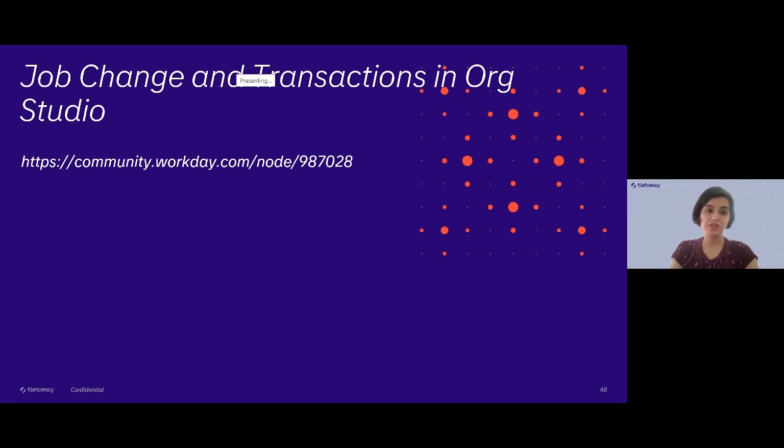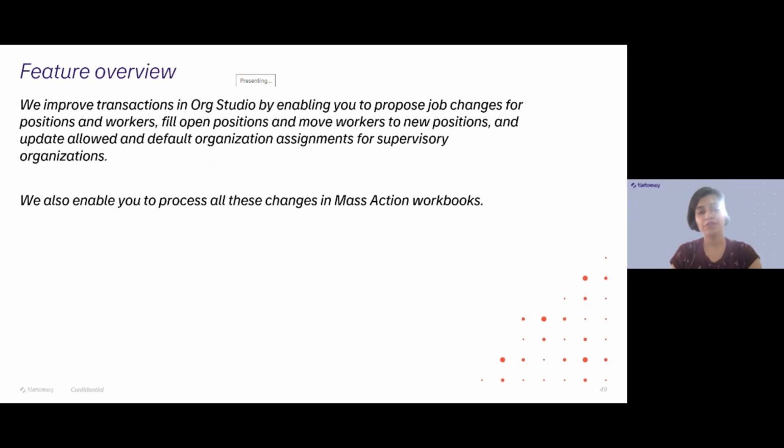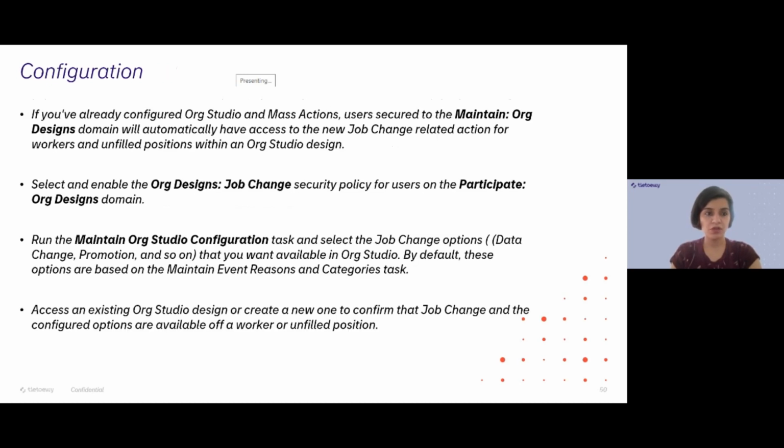Now there have been some updates in Org Studio related to job change. So the Org Studio experience has now been improved. When you propose a change job for your positions and your workers, you can now specify organization assignments for the supervisory organizations. And once you do that and you go on to your mass action workbooks, a similar experience has been provided there.